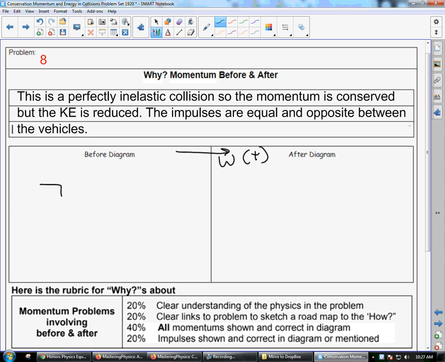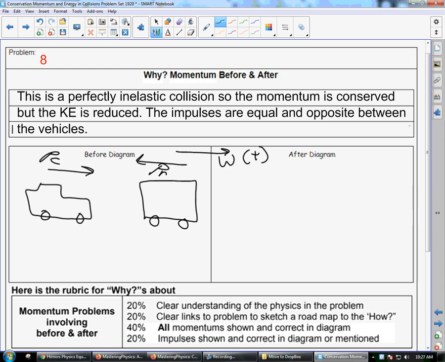So I have my car that comes in, and it has momentum of the car in that direction to start with. And then I have my minivan and it has momentum in that direction to start.